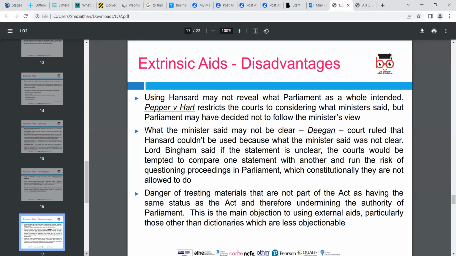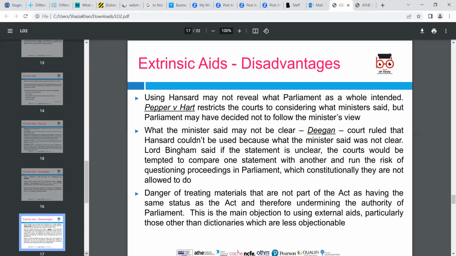Extrinsic aids disadvantages. So using Hansard may not reveal what Parliament as a whole intended. Pepper v Hart restricts the court in considering what ministers said, but Parliament may have decided not to follow the minister's view.